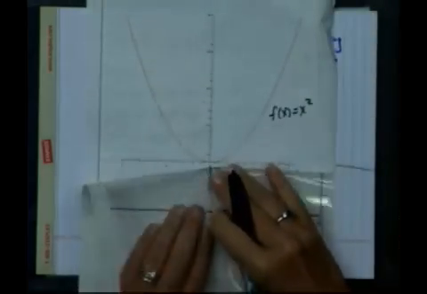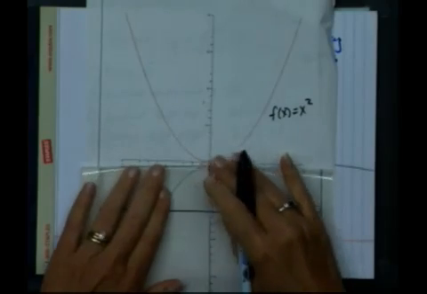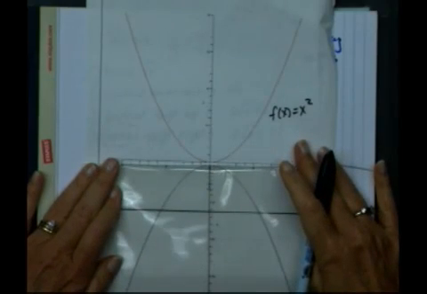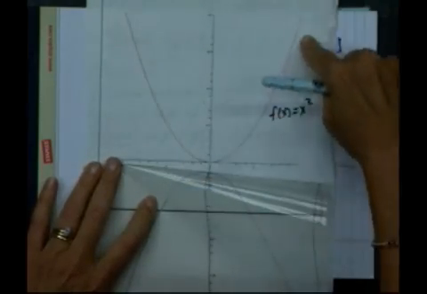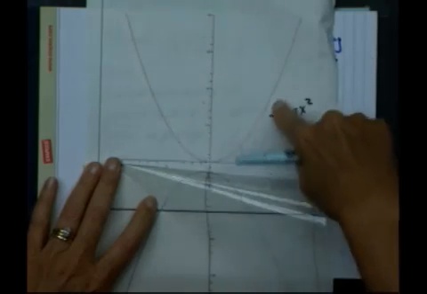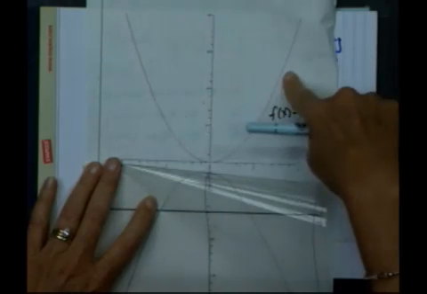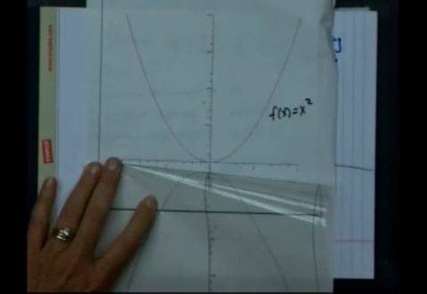Just fold the paper along the x-axis, and didn't that reflect it? All right, so to start with, I had y equals x squared. All my y values are positive. If I reflect it, I still have the same old x values, but what happened to the y values? They're the negative of it.